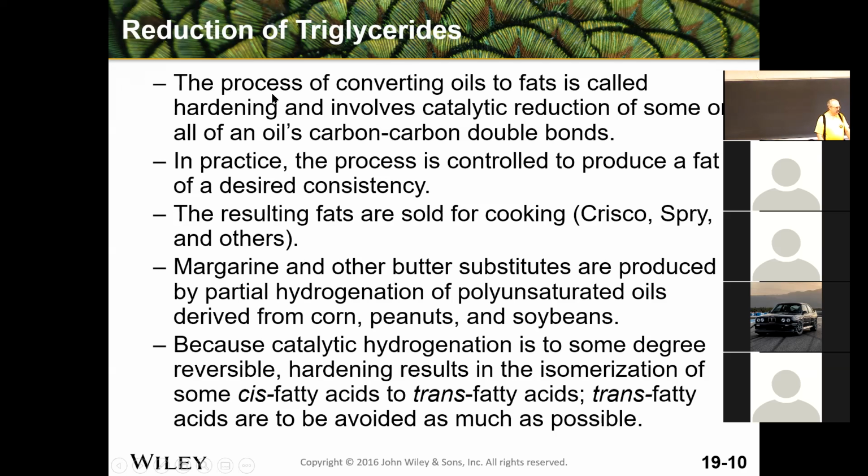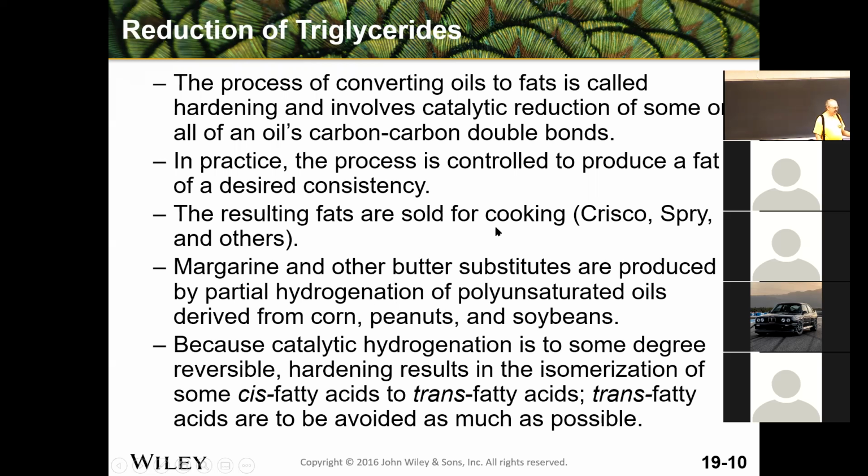One of the processes that involves converting oils to fats is called hardening, and it involves catalytic reduction of some or all of the carbon-carbon double bonds. They use hydrogen and a catalyst. The resulting fats are sold for cooking.